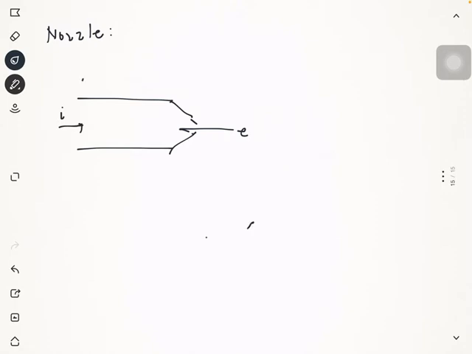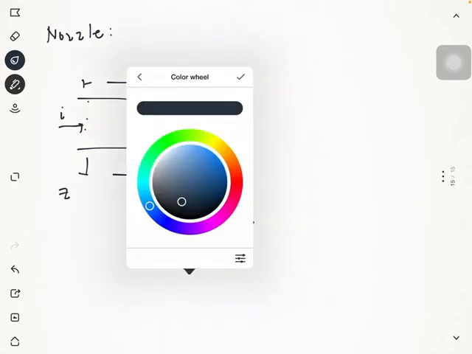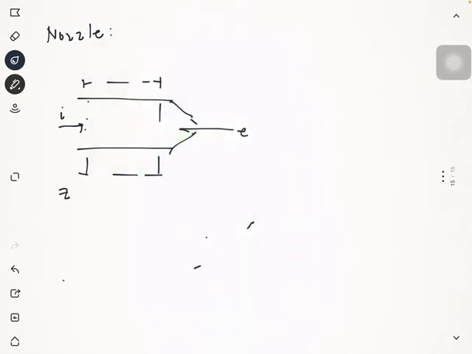So obviously our elevation here, z_i, is equal to z_e. And the mass entering, of course, is equivalent to the mass leaving by the conservation of mass.